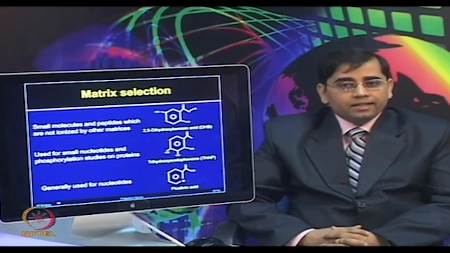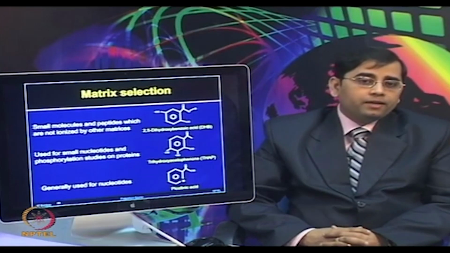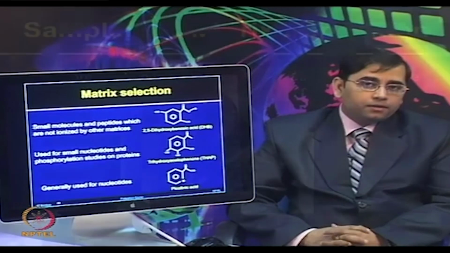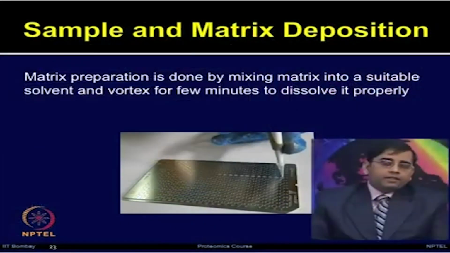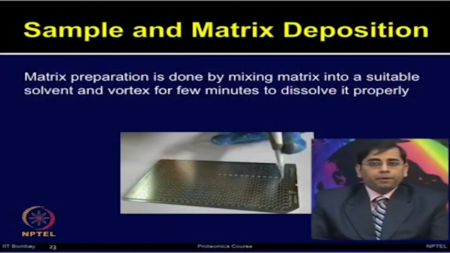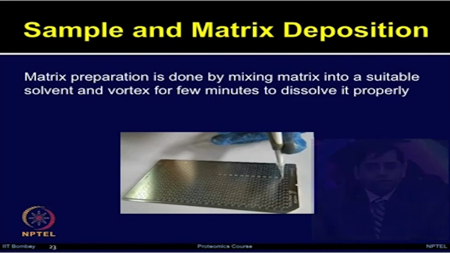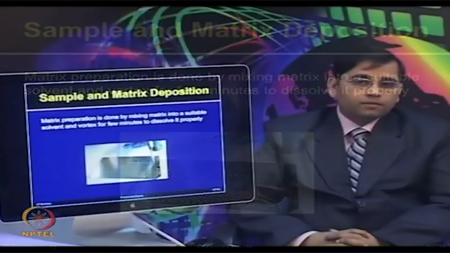Matrix can also ionize analyte molecules by providing energy which comes from the laser bombardment. Now, once you have selected a matrix, it can be prepared by mixing it into a suitable solvent and vortexing it for a few minutes, so that it can dissolve properly. Now, you are ready with both your analyte, the protein which you want to analyze, as well as the matrix which you have selected for your application.